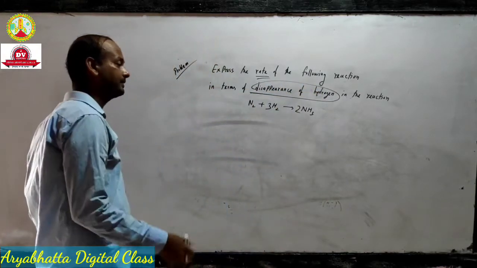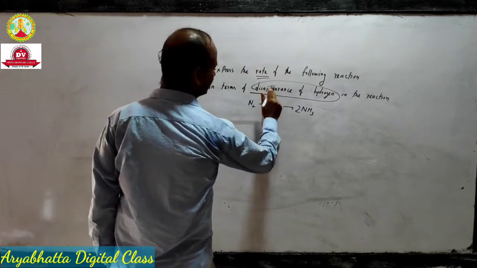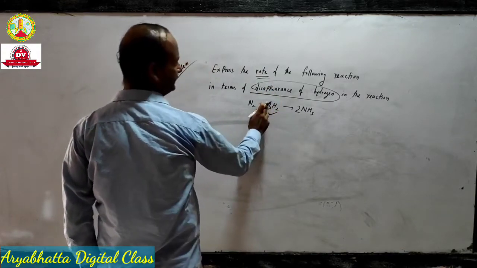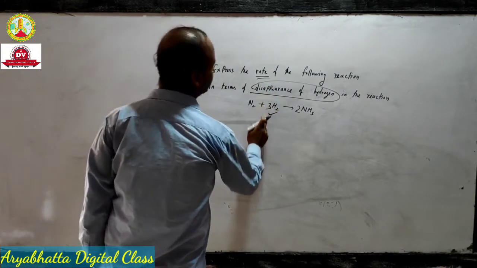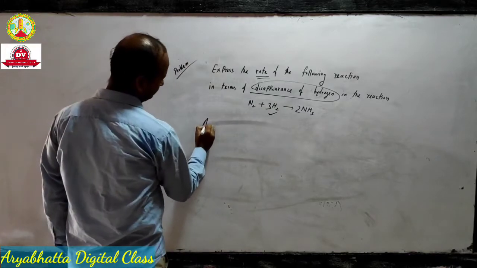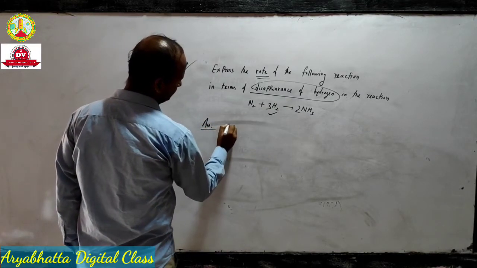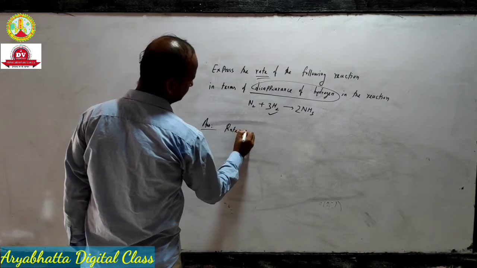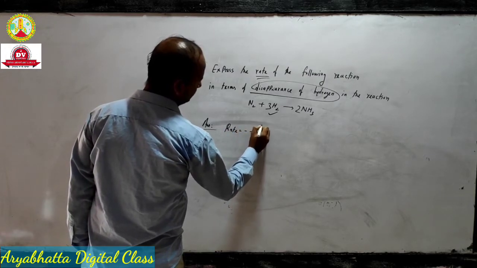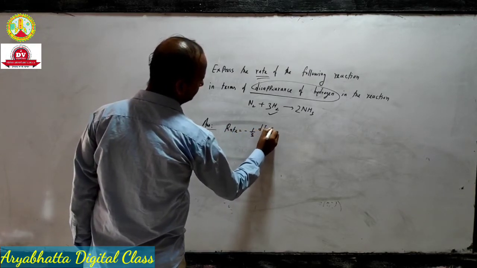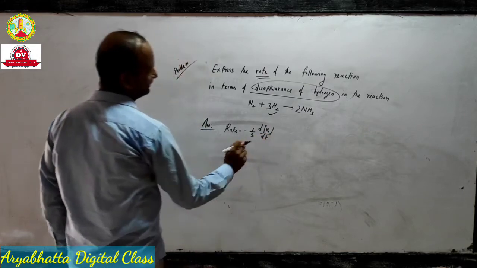Obviously this is a reactant, so its concentration will decrease. Write the answer: rate equals minus 1 by 3 d[H2] by dt.